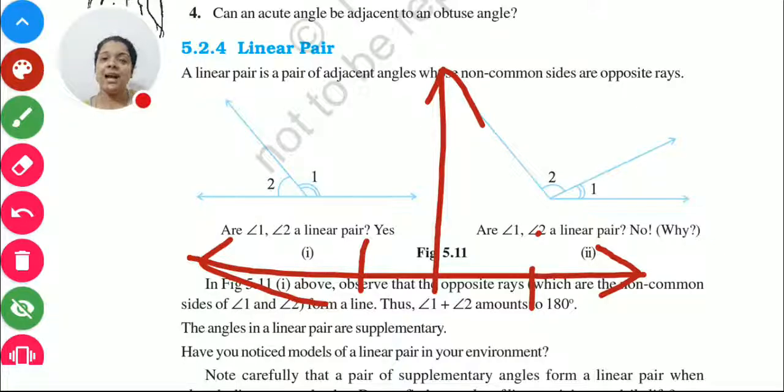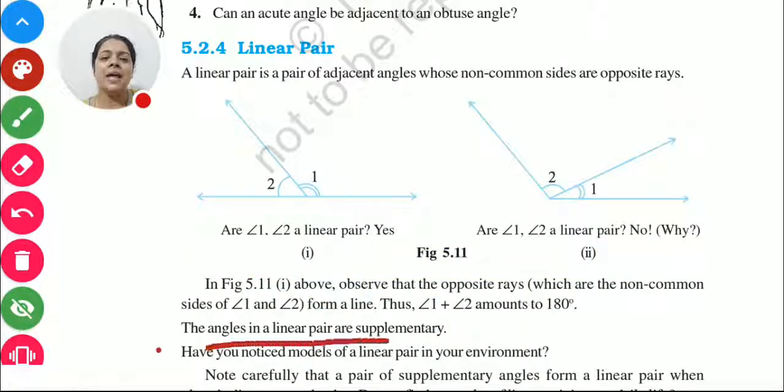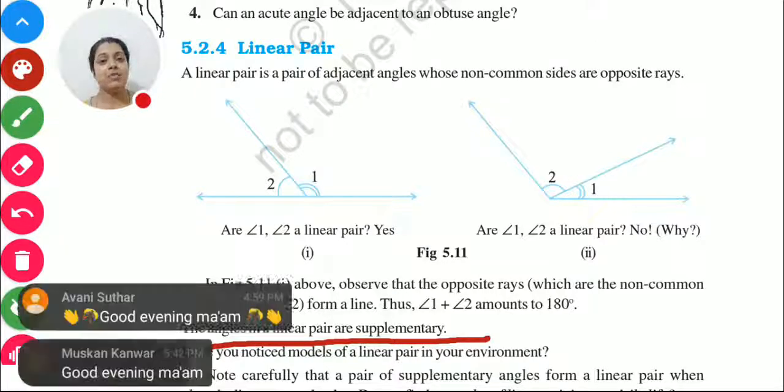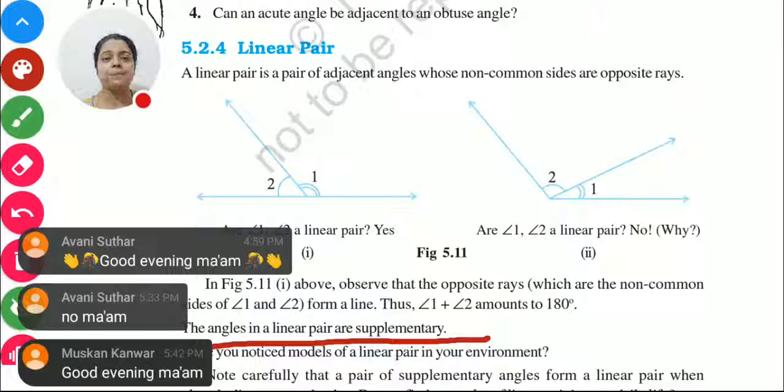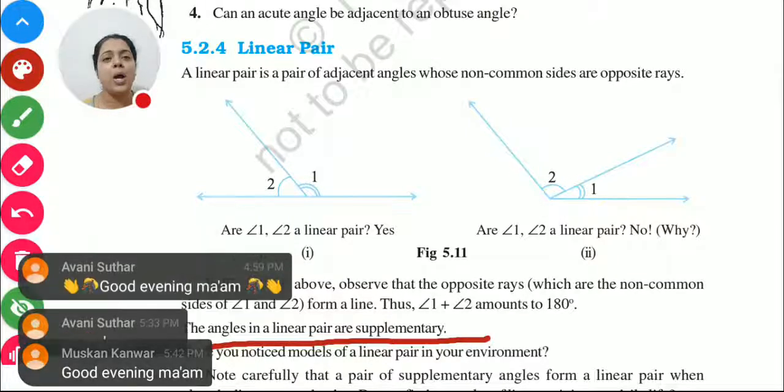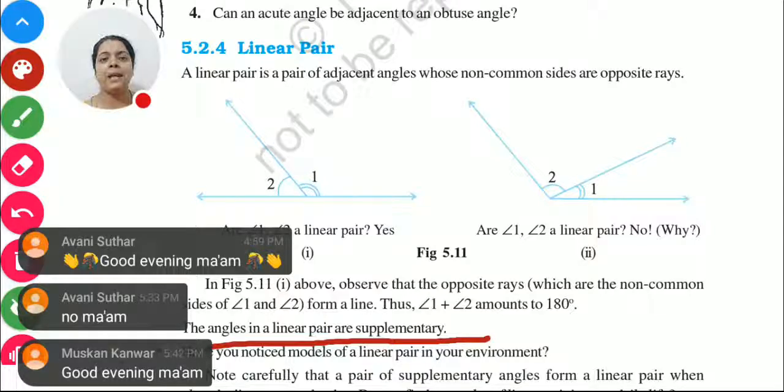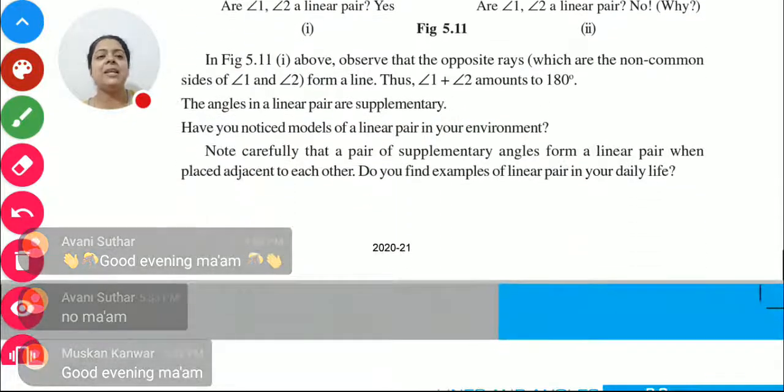In all the cases, what we find is that it is forming an angle of 180 degrees only. So remember one thing, the angles in a linear pair are actually supplementary. Why supplementary? Because when we add them up, we find they are actually 180 degrees. That's why we call it a linear pair.